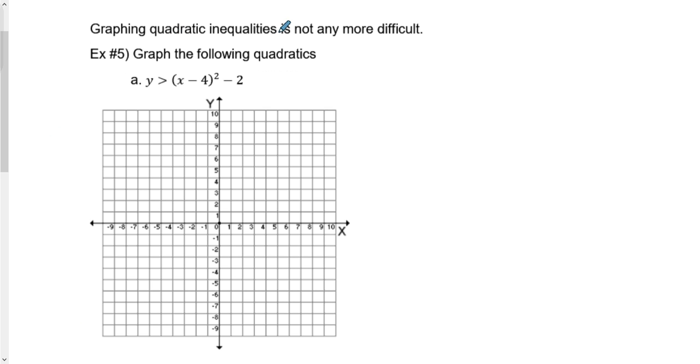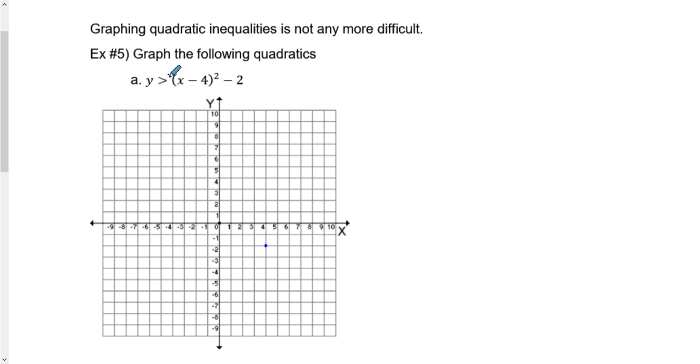So when we're graphing quadratic inequalities, it's not really any different. The biggest difference, though, is we're going to be graphing a parabola. So our vertex here, opposite on the inside, same on the outside, so 4, -2.